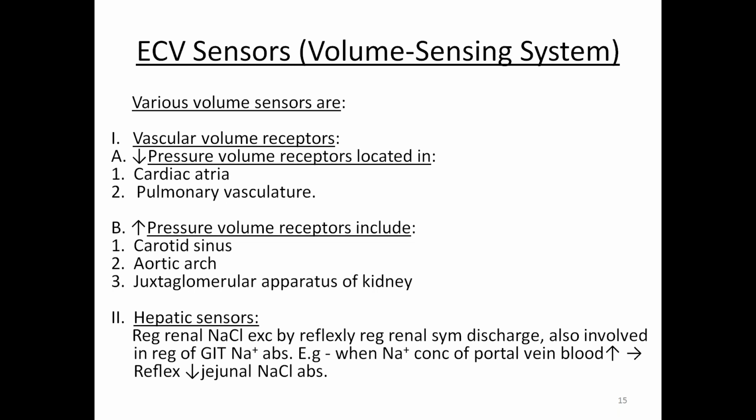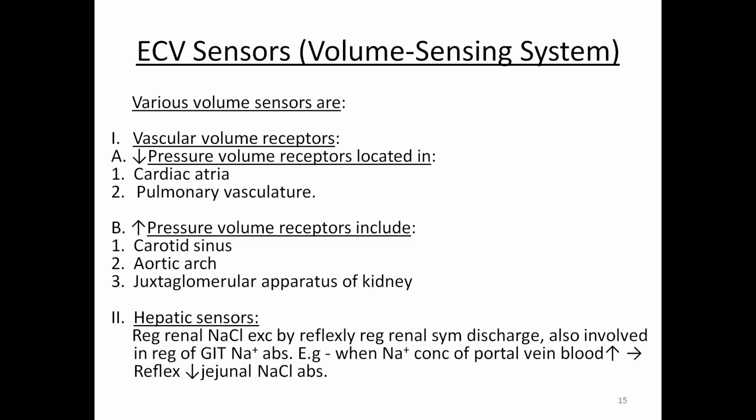In the case of hepatic sensors, even though they are not as important as the vascular volume receptors, they also have a role in regulating your renal sodium chloride excretion by reflexly regulating your renal sympathetic discharge. That's how the hepatic sensors work.